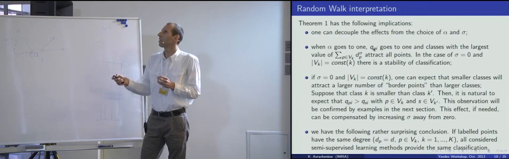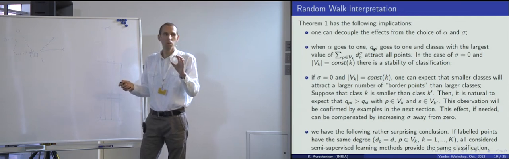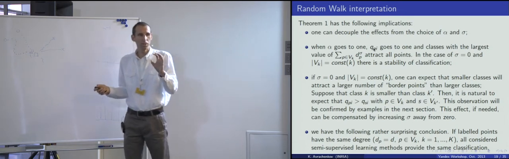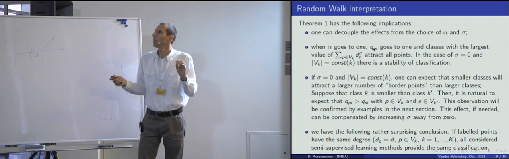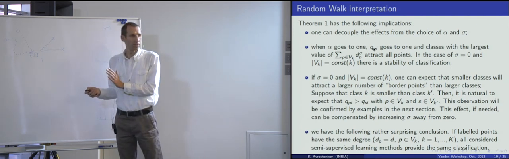And we see that the PageRank case is again particular, because if we have the same number of labeled points in each class, we have a stability of classification. All the other methods classify all the points in only one class.